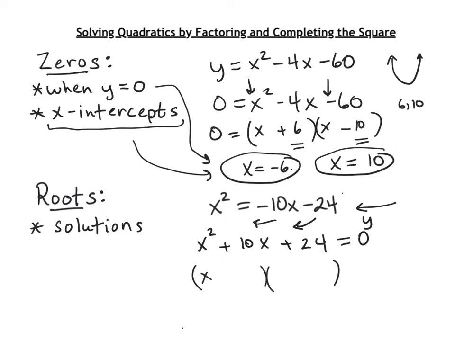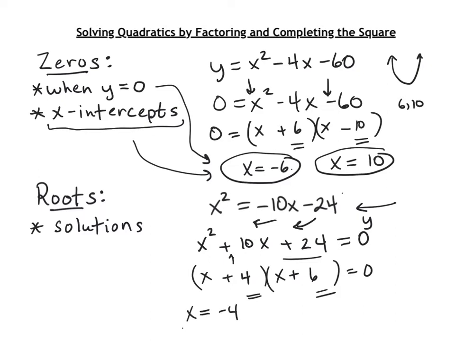Factor this. X times x is x squared. This number times this number makes positive 24. So it's either two positives or two negatives to make positive 24. Since the middle is a plus, it's got to be the two positives. Factors of 24 that add to 10 are 4 and 6. And just like up above, the solutions are what you plug in that creates 0.